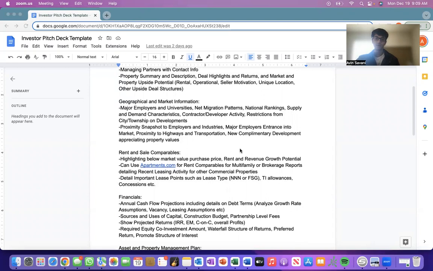Deal highlights and returns. You can put the hook in the beginning and then explain it further through the deal highlights, right? Explain your assumptions briefly, like, we predicted the rental growth rate in this area increasing by 5 or 6%.